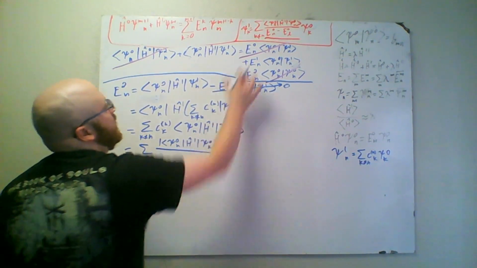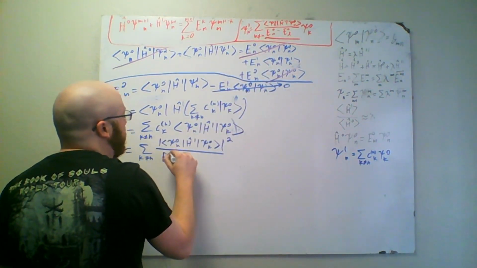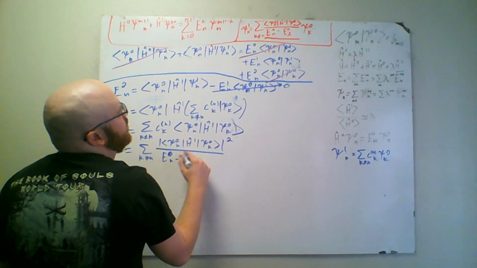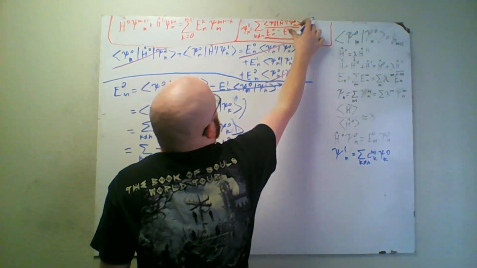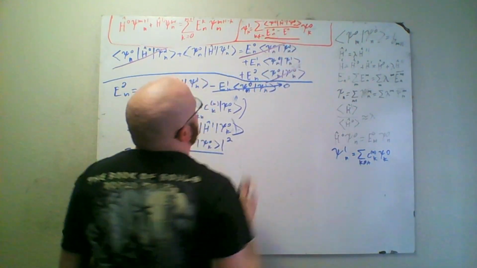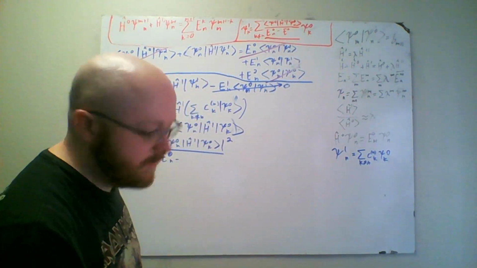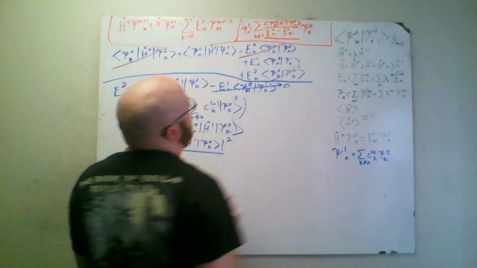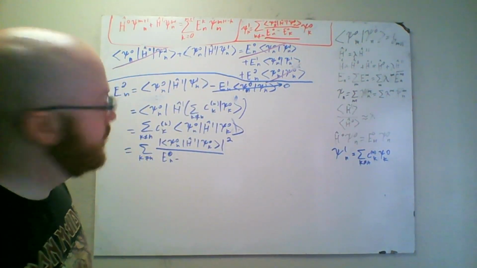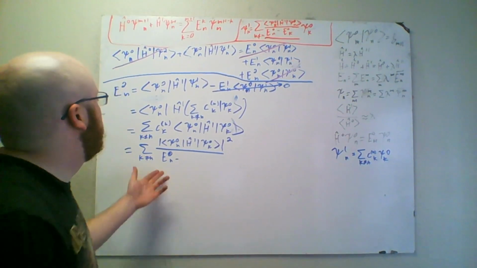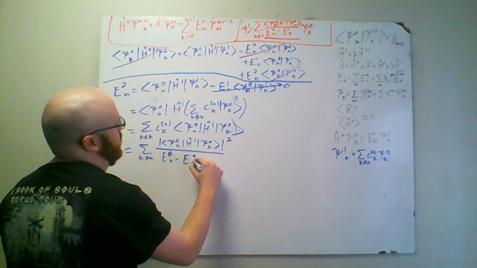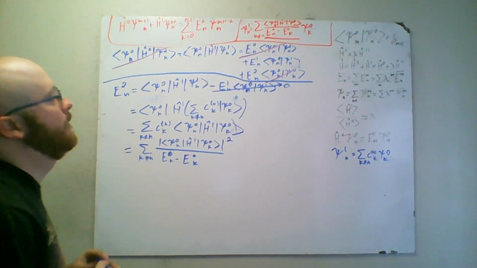And then we take the E0n minus E0l, but this time we're summing over k. In fact, let's actually sum over k instead of l. Can't believe I wrote that down so incorrectly. Anyway, not choosing M screwed me over for the rest of this. Anyway, so we do E0k, right?